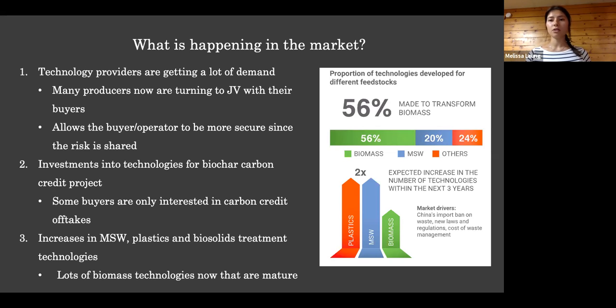So there's more technologies that are going to come on the market to treat these wastes that are causing more and more problems, both for municipalities and governments and for industrial generators as well. So that's kind of a quick overlook of the market.